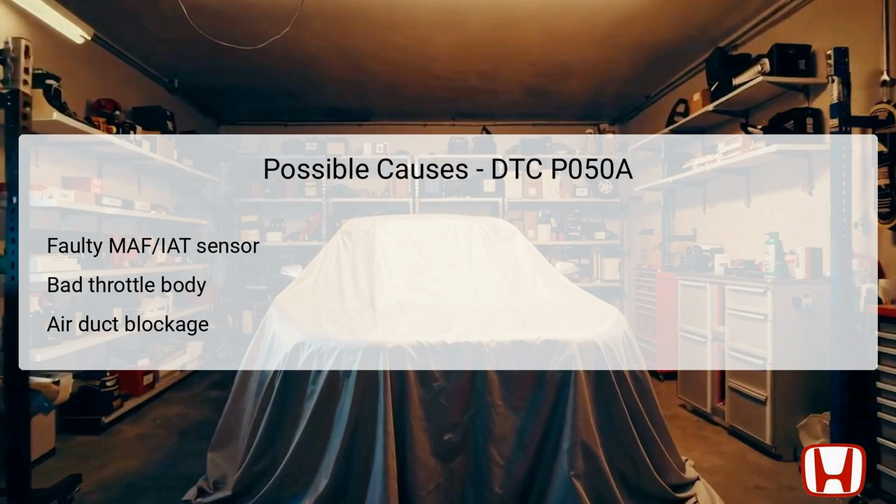Additionally, physical blockages or poor connections within the intake air duct can prevent the optimal flow of air, leading to performance problems. These components work synergistically as part of the vehicle's PGM-FI (programmed fuel injection) system, so any failure in one can trigger broader system issues.